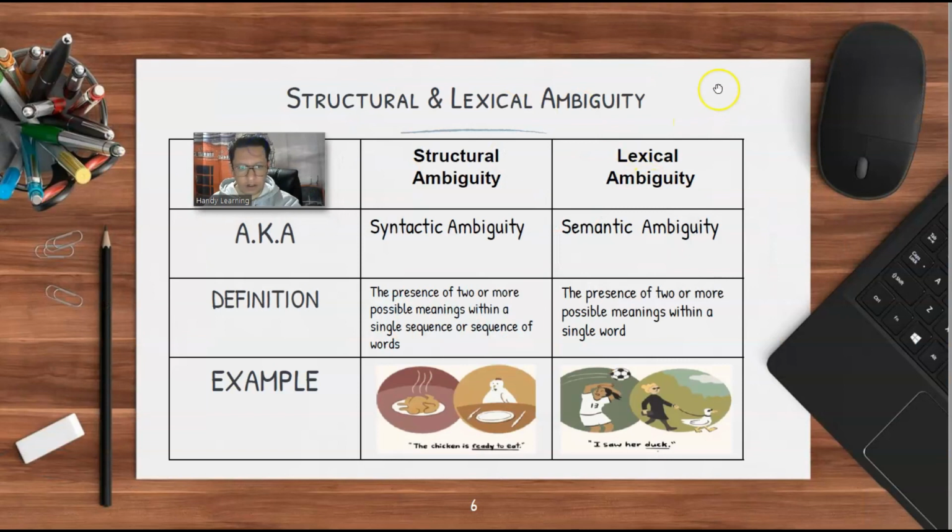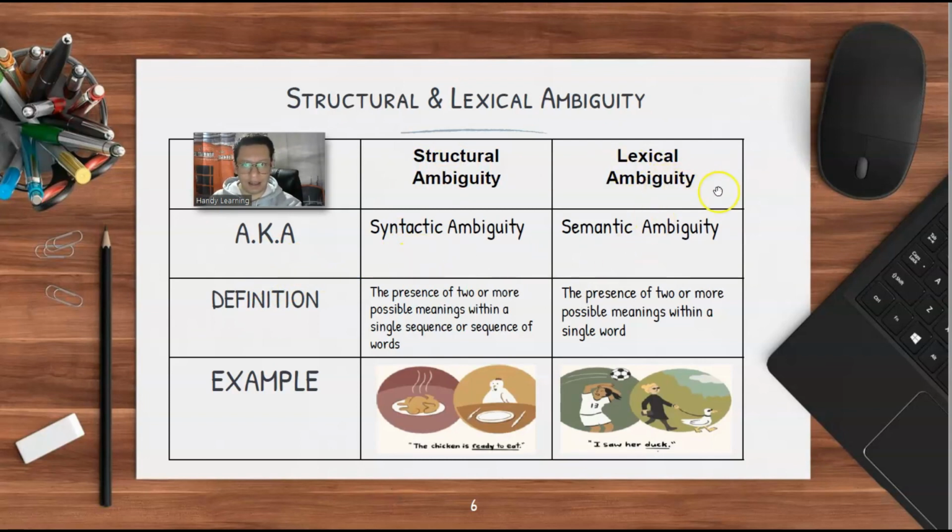Structural ambiguity is also called syntactic ambiguity, and this happens when there is a phrase creating the ambiguous item in the sentence, in the text, in the paragraph as well.